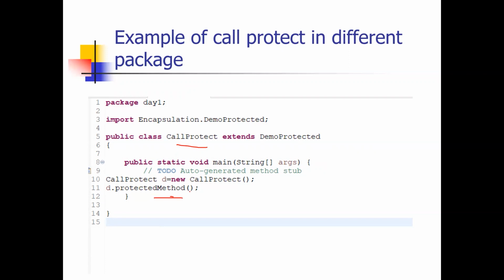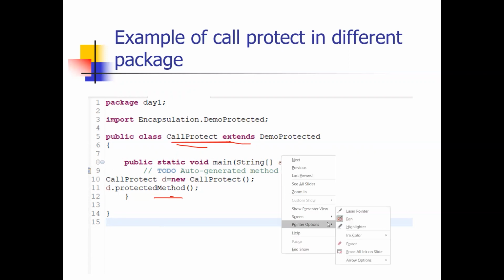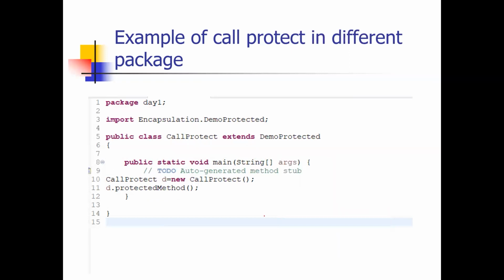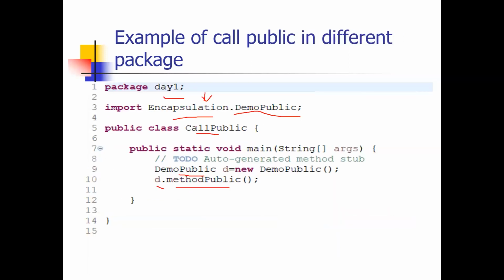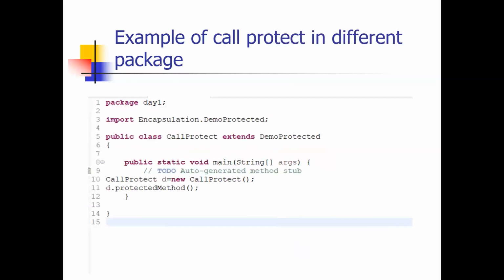So here why we use the extends keyword, that is what I want to explain. See, in the previous example, we were not creating an object of the current class. We were creating an object of the particular class in whatever package, and calling its methods. But here, since we are creating an object of the current class and calling a method of a different class, how will Java understand?